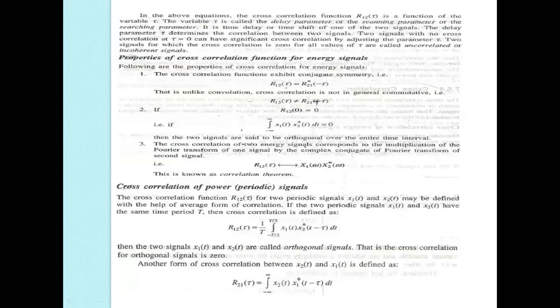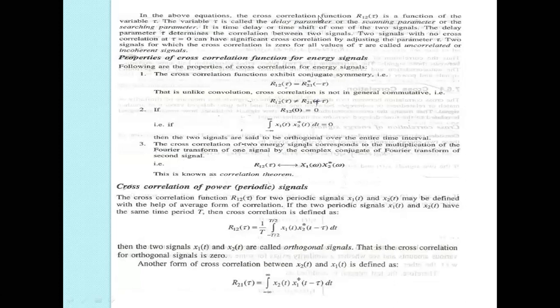Another form of cross correlation between x1 of t and x2 of t is R21 of tau, interchanging 2 and 1. So I am taking 2 here and 1 here: x2 of t, x1 star of t minus tau dt. Okay.